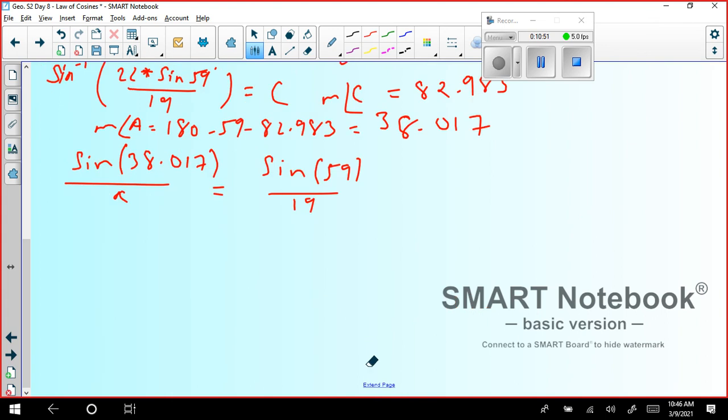So let's further simplify this. I need to find a. So cross multiply, and you will have a equals 90 times, I'm just directly writing the last step, skipping a few steps, 90 times sine of 38.017 over sine 59.